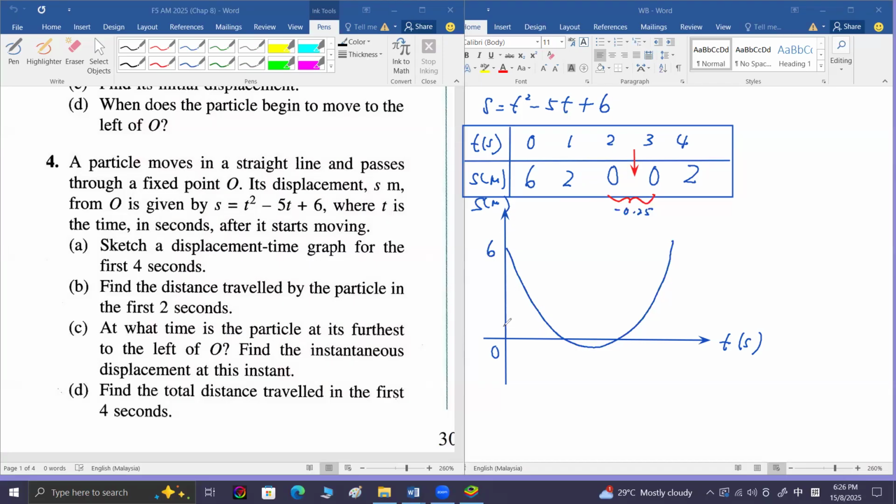Then here, 2, 4, 6, wait, 0, so means when 1, I get 2, the value, can you see? So here, 2, 3, 4. Okay, wait, this one 2 then 3 means here I got negative 0.25, this value. Yeah, negative 0.25. So you know that a bit down here.